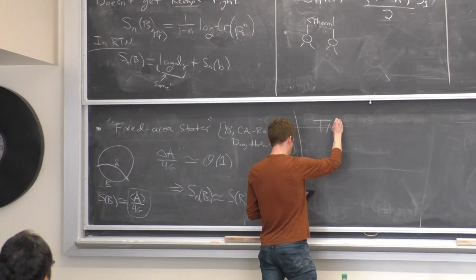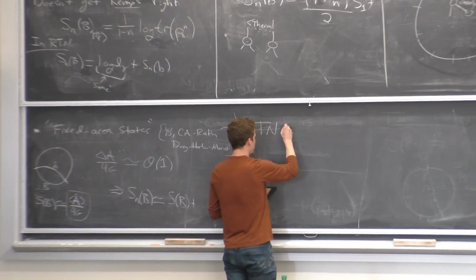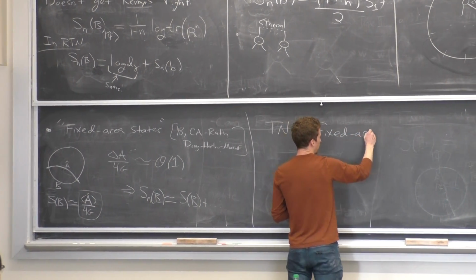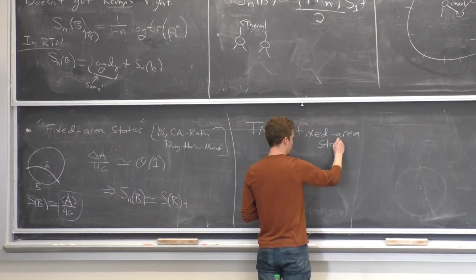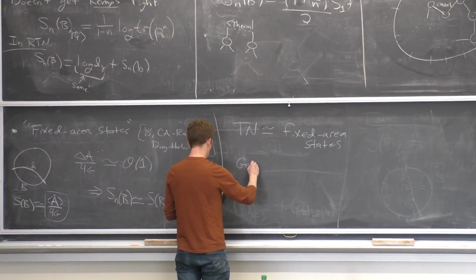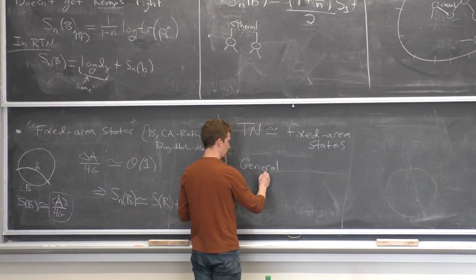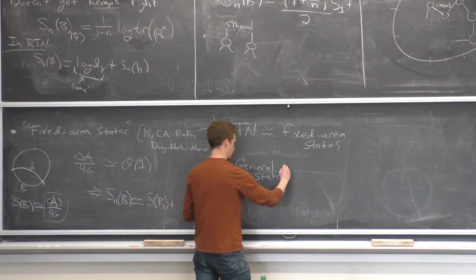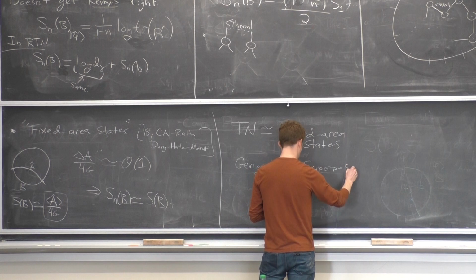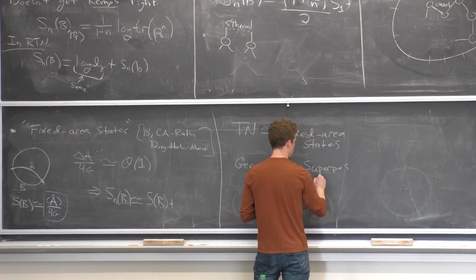So let me write it down just to spell out what the hope was. The idea was that tensor networks are like fixed area states. And a general state in gravity was something like a superposition of fixed area states.